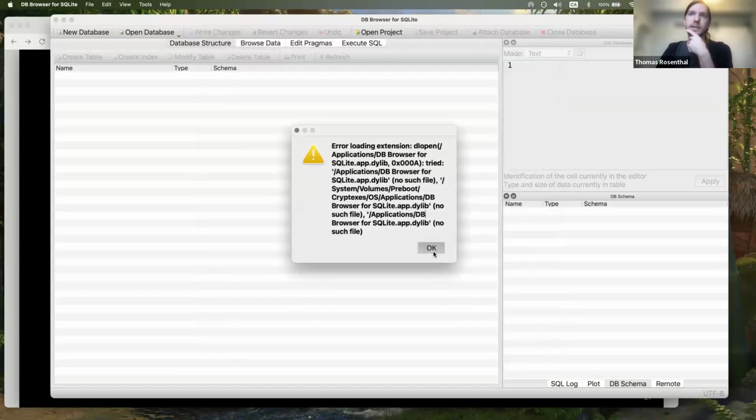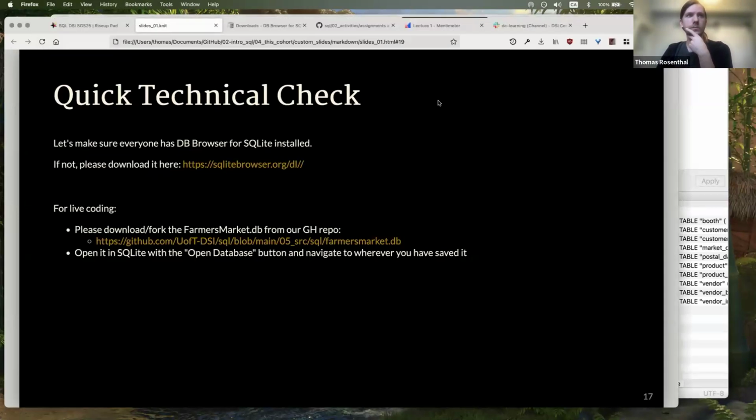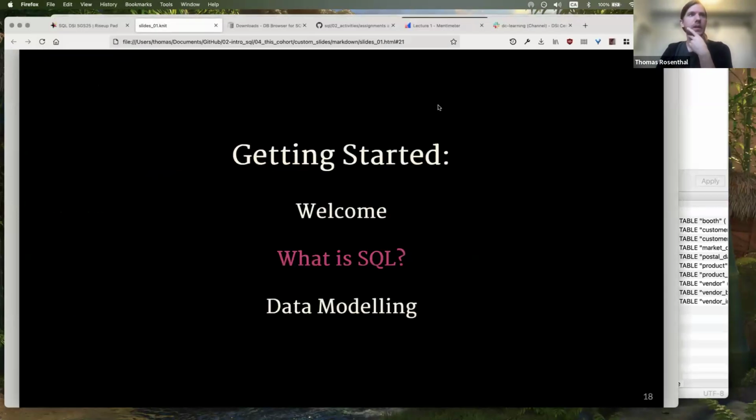You won't get these OKs that I will get. If you've done that successfully, you'll have 10 tables loaded, and you'll likely be at the database structure. We'll go through all of this again, but I just want to show once what it looks like to open up that database, starting with Open Database in your top left. Okay, good stuff. We'll do it again.